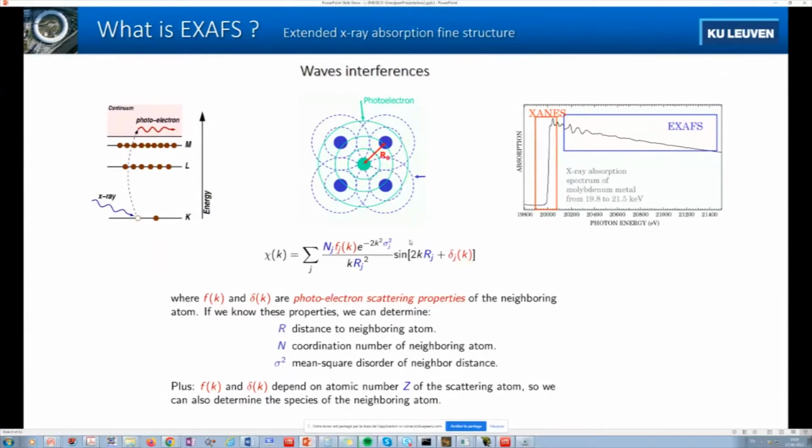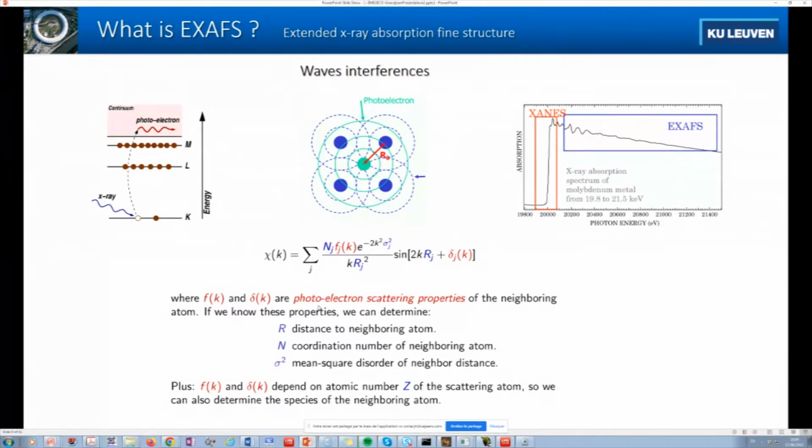Here, this is the formula of EXAFS. I mean, this is just describing it as a function of the wave vector. What is interesting here is all the colored letters: it is based on N, R, and sigma, plus F and delta. F and delta are the amplitude and phase shift that are typical of the element.